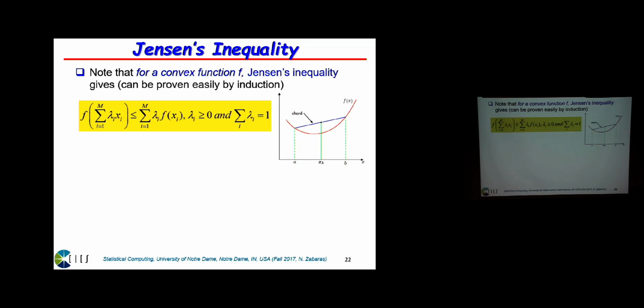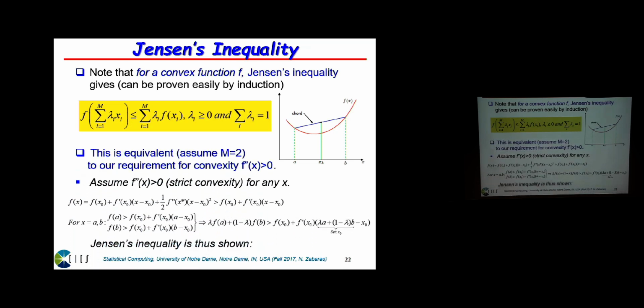Okay? In the slides, it doesn't take it like that. It says, well, if this is true, then the function f is convex. And if the function is convex, then this is satisfied. Okay? So for convex functions, this is a very important inequality. So let's see how it's going to look in probability.